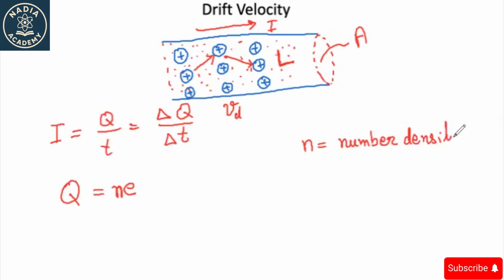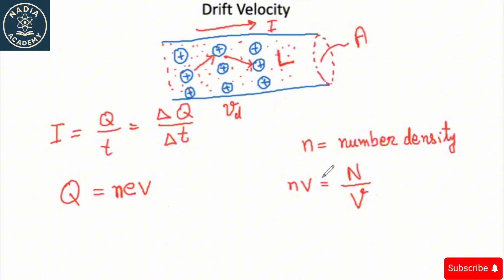If this is number density, that means the total number of charged particles divided by the volume. So the total number of charged particles that we have over here is n times V. Here V is the volume, not the potential difference.